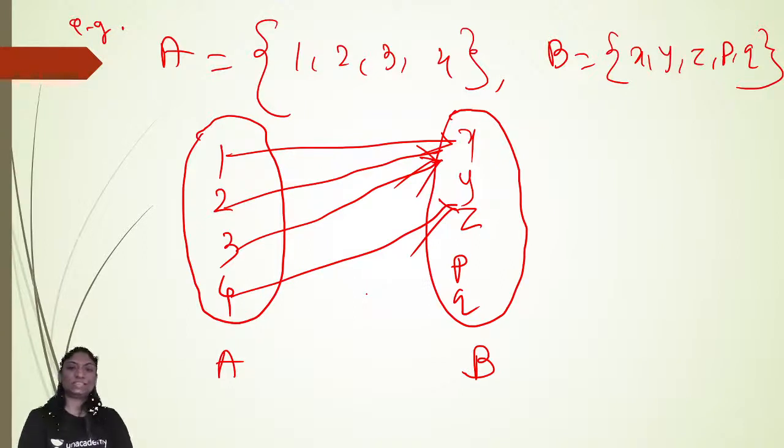It means there exists at least one element which doesn't have a pre-image in A. This is many one and into, okay, this is many one into mapping.